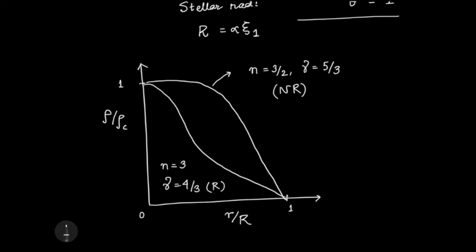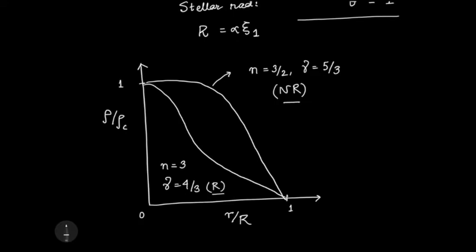This is a solution where I plot small r by capital R on the x-axis and rho by rho c on the y-axis. There are two curves. One corresponds to the non-relativistic case, the other corresponds to the relativistic case. At the center where r equals 0, rho equals rho c, so the maximum value of rho by rho c is 1 there.